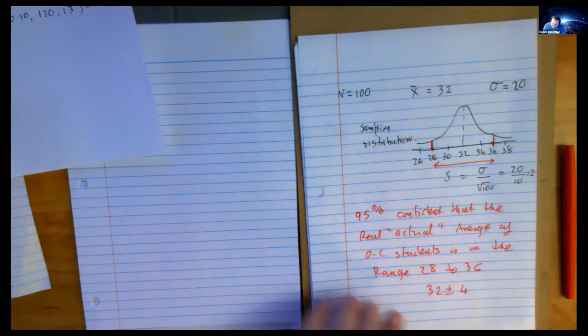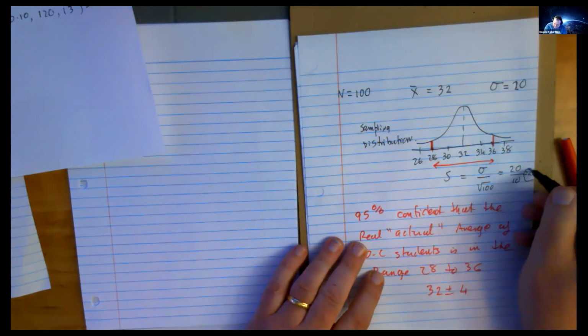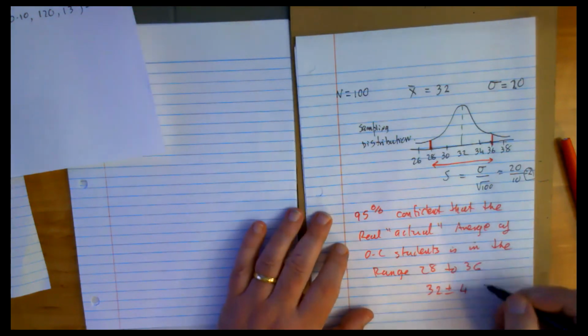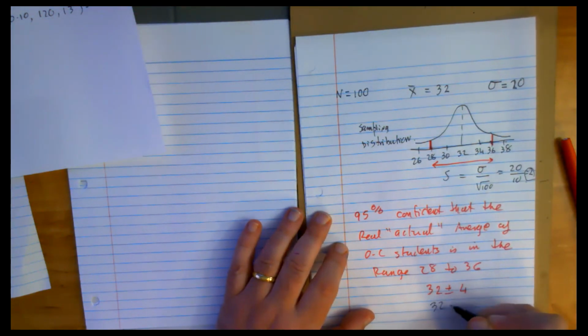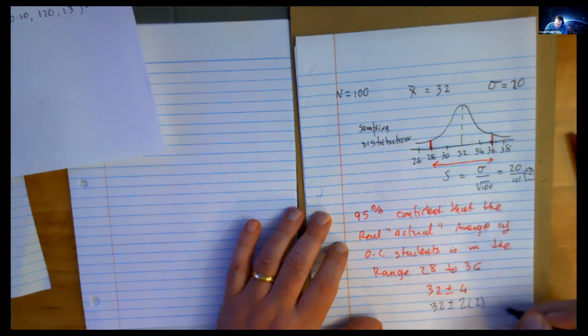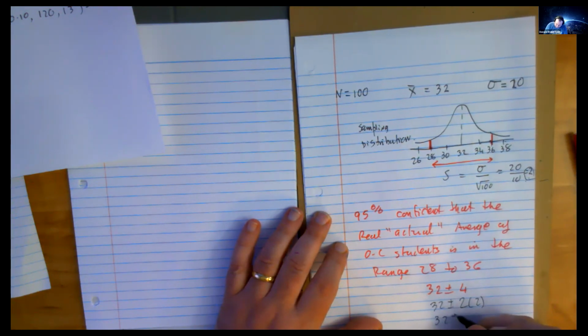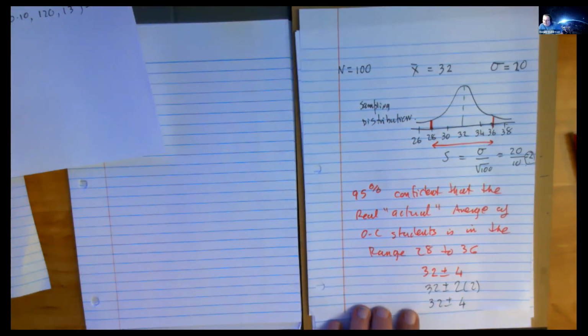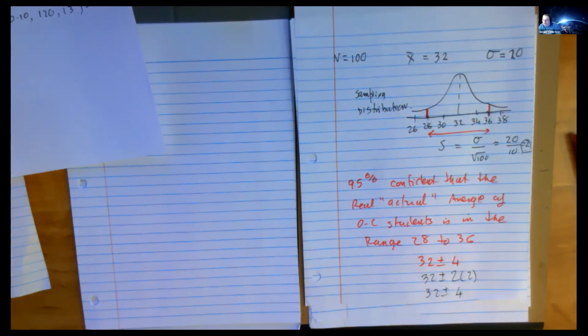So all I did is I took this number, and I did 32 plus or minus 2 times this number. And that became 32 plus or minus 4. So I really didn't need my calculator to come up with that.